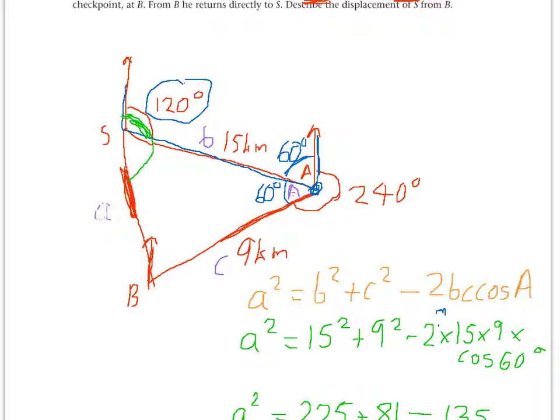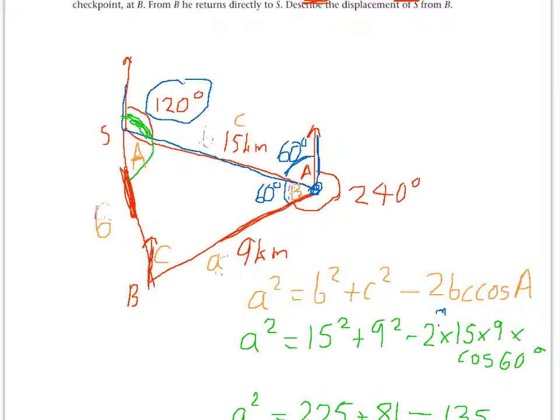So this time, this bit is going to be A, this one is going to be little a, this one's going to be little b, capital B, and the other one will be little c and capital C.